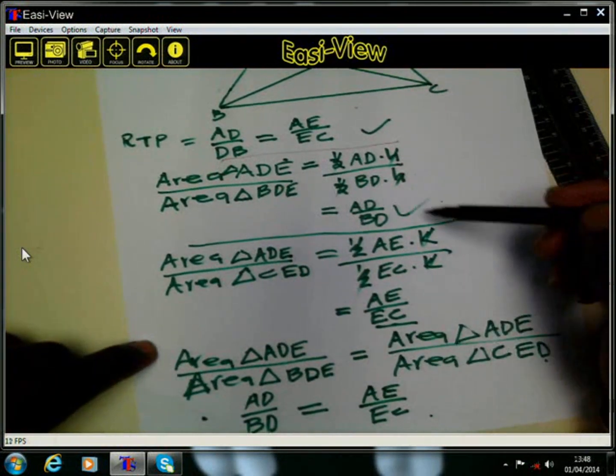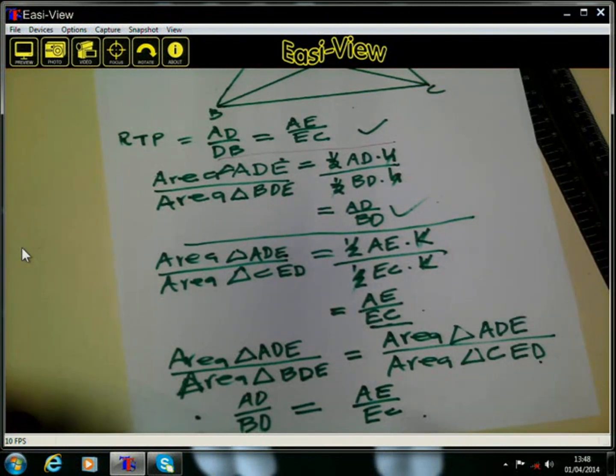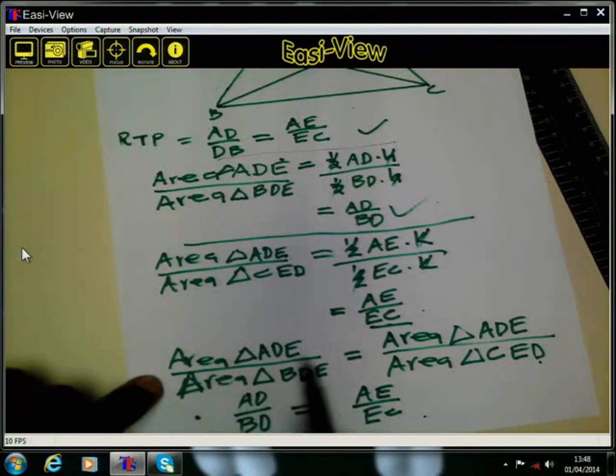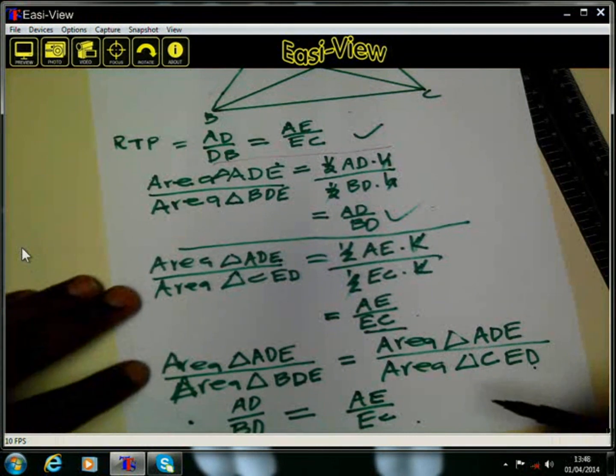Now, after having the first conclusion and the second conclusion, we can now agree that since we are dealing with the area of a triangle, I mean, the formula for the area of a triangle, whatever triangle, will still be the same. It will still be half base multiplied by perpendicular height.